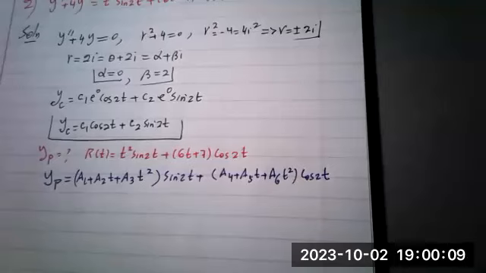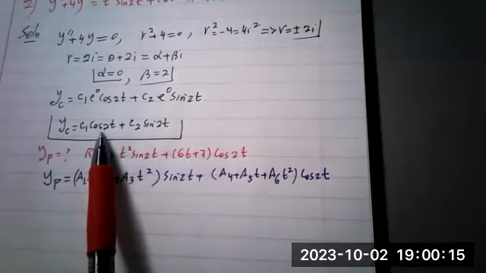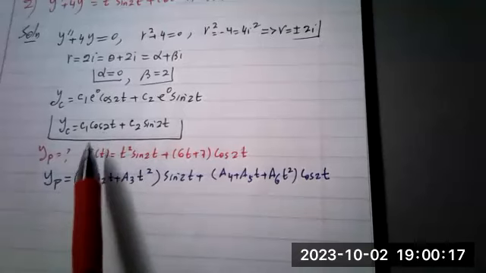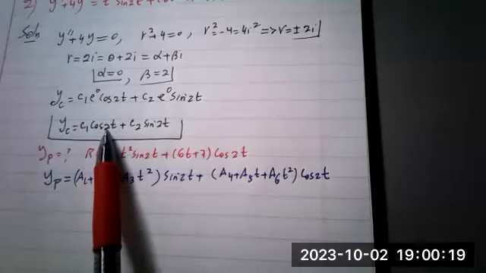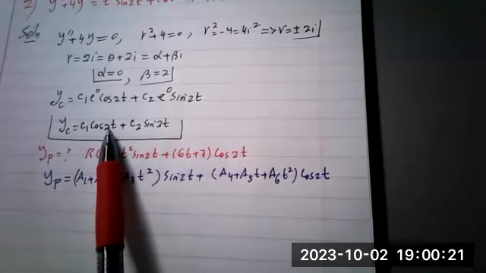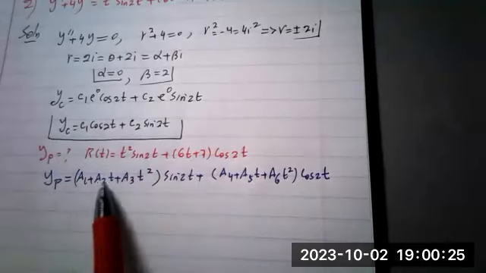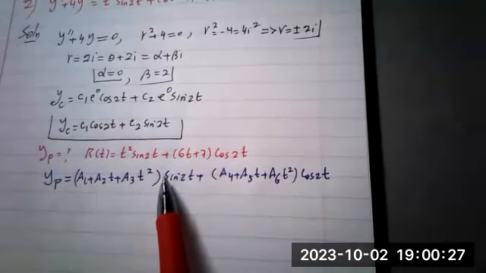Now you check to see if there is going to be any duplication. You see, you have a cosine of t here. We get the cosine of t, so we have to upgrade it. You upgrade it by multiplying by t.